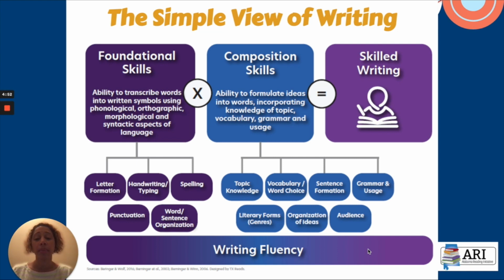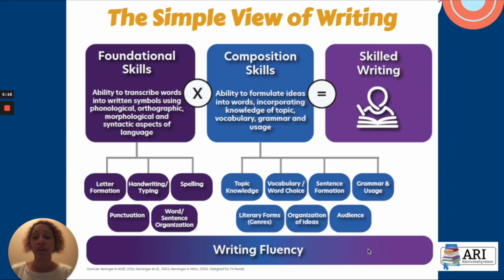So if you are missing either foundational skills, which would be a 0, or compositional skills, also a 0, then you have a 0. So you're not getting skilled writing. And the way multiplication works, if you're missing one or the other, we're still going to have a 0. So students are not going to have skilled writing if either of these important pieces are missing.